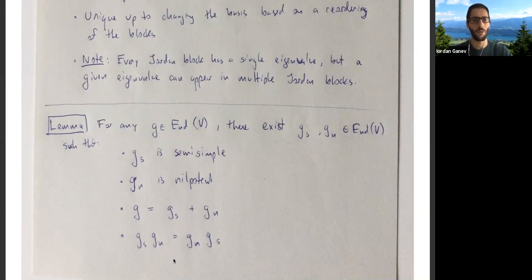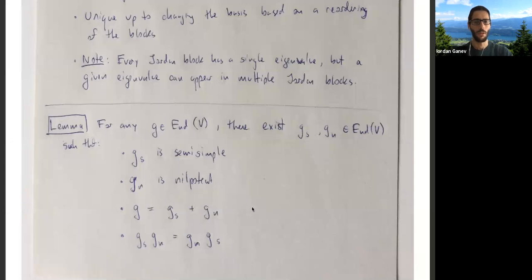If we have any endomorphism little g, then there are elements g sub s and g sub n, that should be an n, maybe it looks like a u, but it's an n, with the following properties. g sub s is semi-simple, g sub n is nilpotent, their sum is equal to g, and they commute. So g sub s times g sub n is equal to g sub n times g sub s.